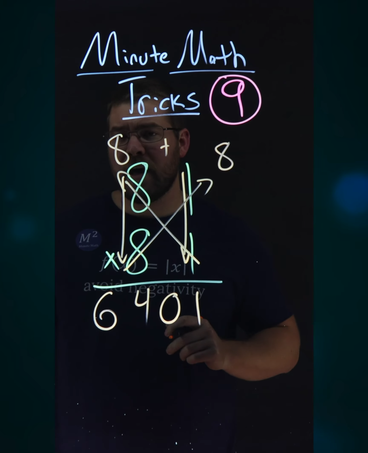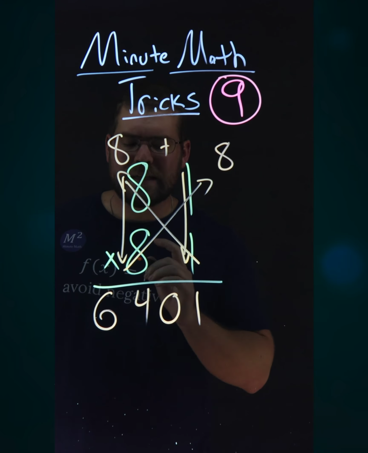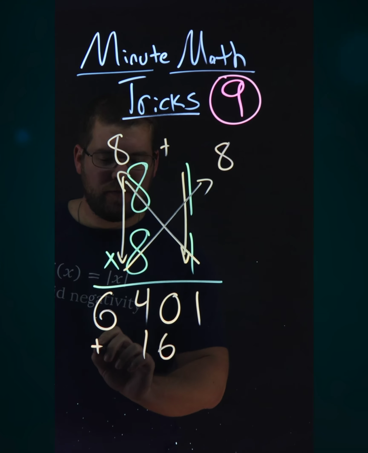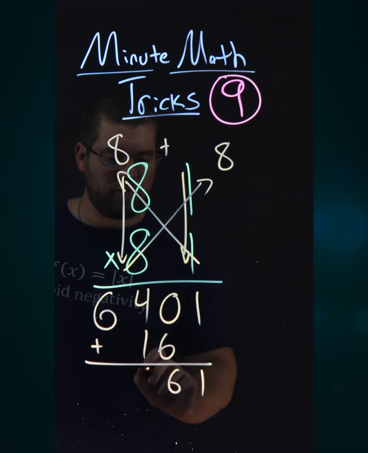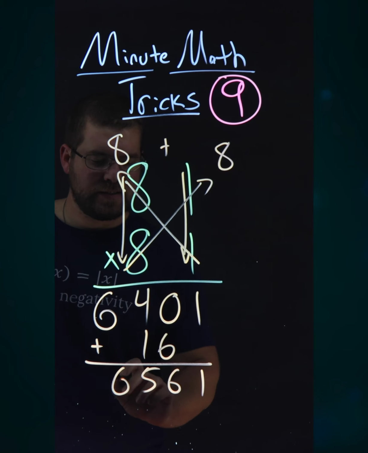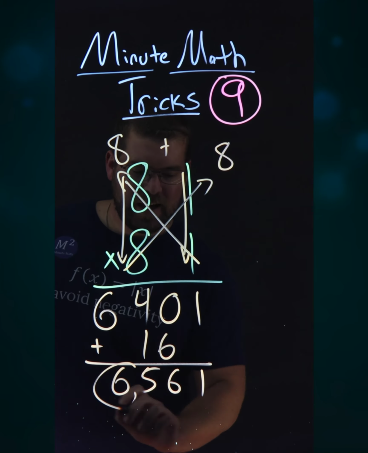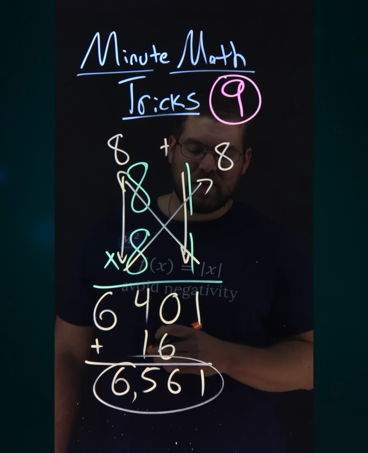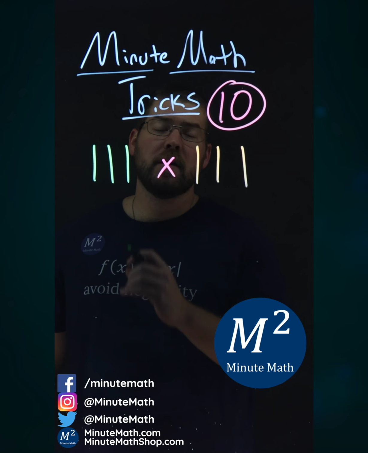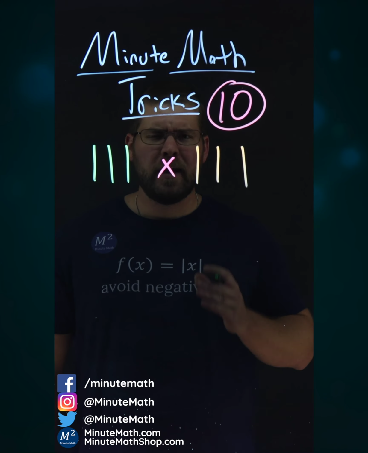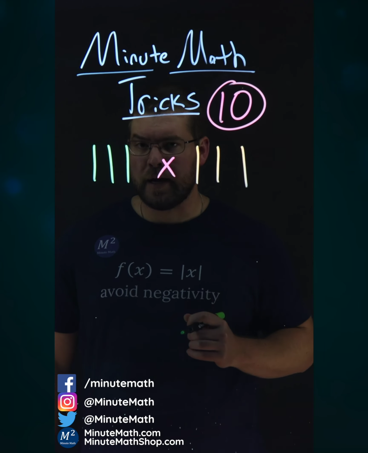We add these two together, 8 and 8 give me a good old 16. Add these numbers up: 1 comes down, 0 and 6 is 6, 4 and 1 is 5, and 6 and nothing is a 6. And so 81 times 81 is 6,561.